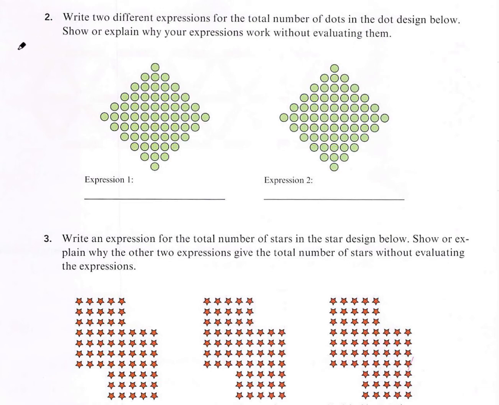In this problem, we're not told that we need to use addition and multiplication, so we're left to do whatever we want to do. So you could do something where you looked at each one of these rows.